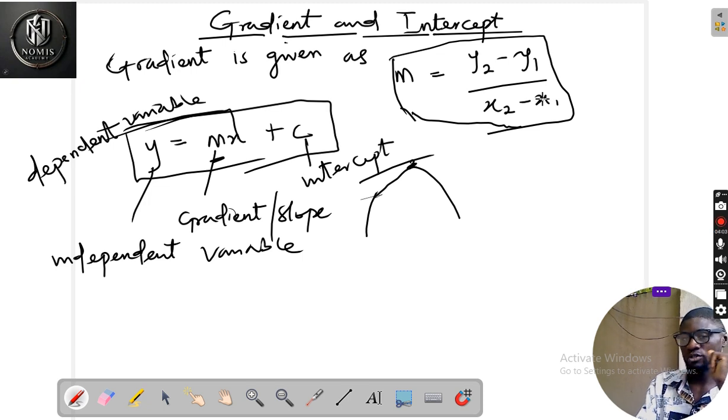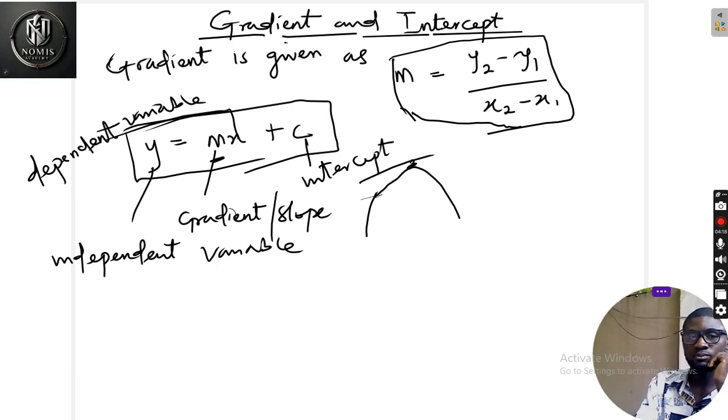Let's take some questions to find out the gradient and intercepts in a straight line equation. So let's take example number 1.